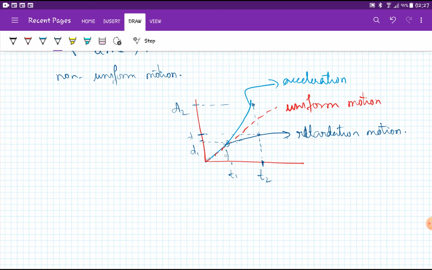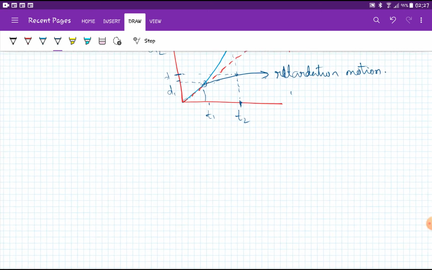So the curved line above the uniform motion is the acceleration, and the curved line below the uniform motion is the retardation motion. The velocity can be increasing or decreasing, and based on that we say it is an acceleration motion or a retardation motion.